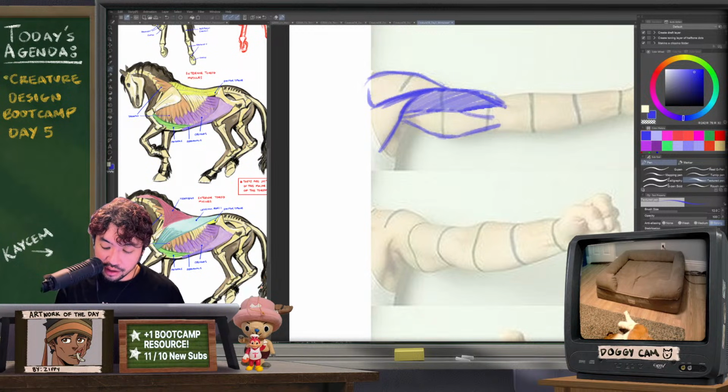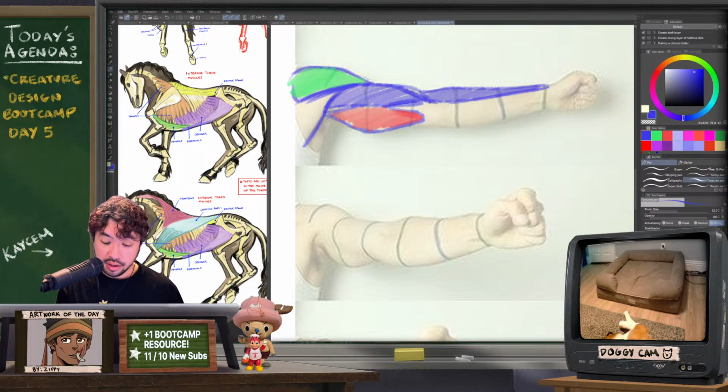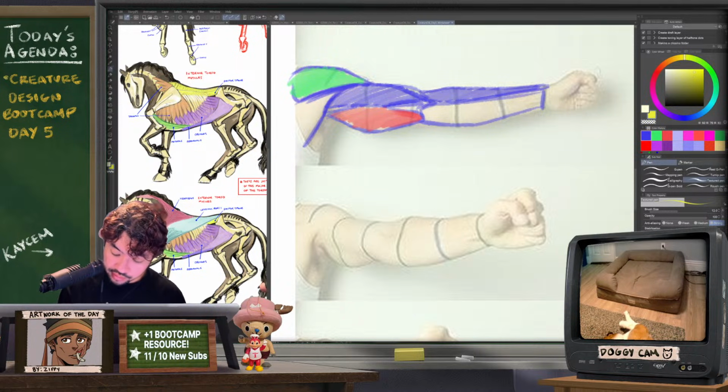The tricep right here. Then right here, we're going to have the ridge muscles. Again, how do we know the ridge muscles? Because they're on the outer side, which is essentially the thumb side. And then right here we have the flexors.